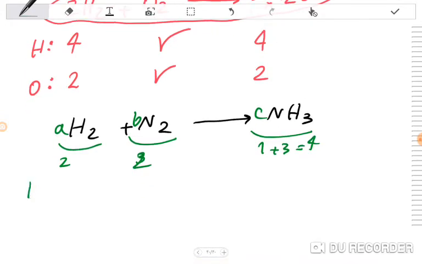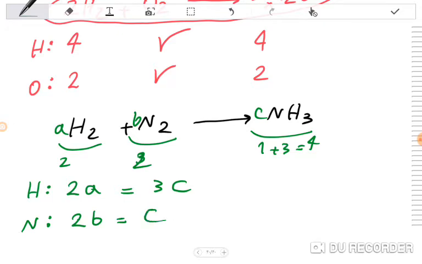For hydrogen, we take help from math. For hydrogen, we have 2A on the left side equal to 3C on the right side. For nitrogen, we have 2B equal to C. The number of atoms in ammonia is more than in N2 and H2.